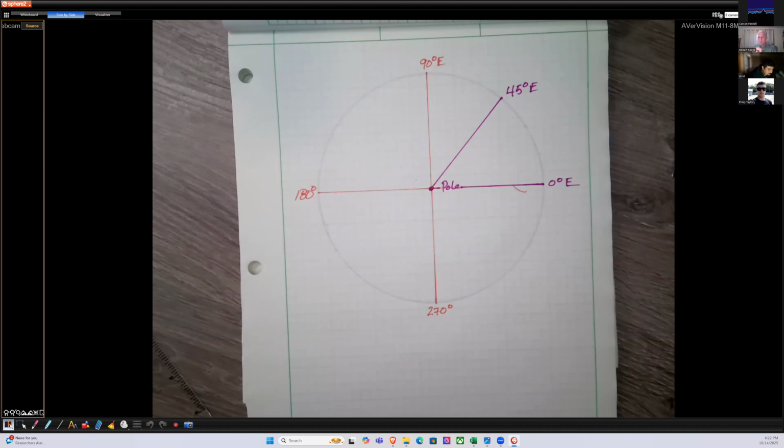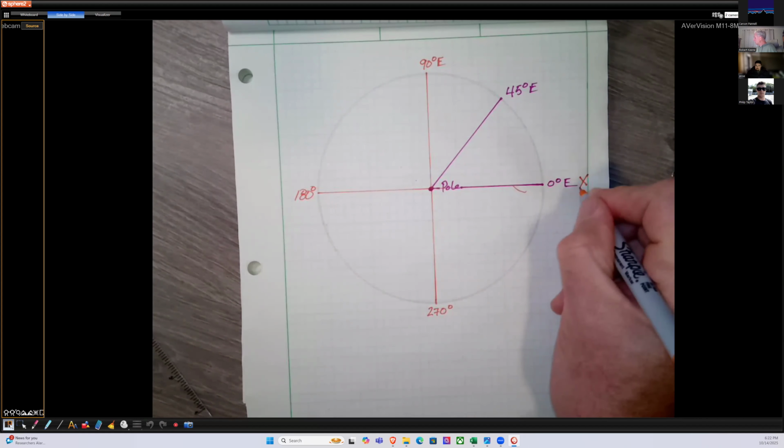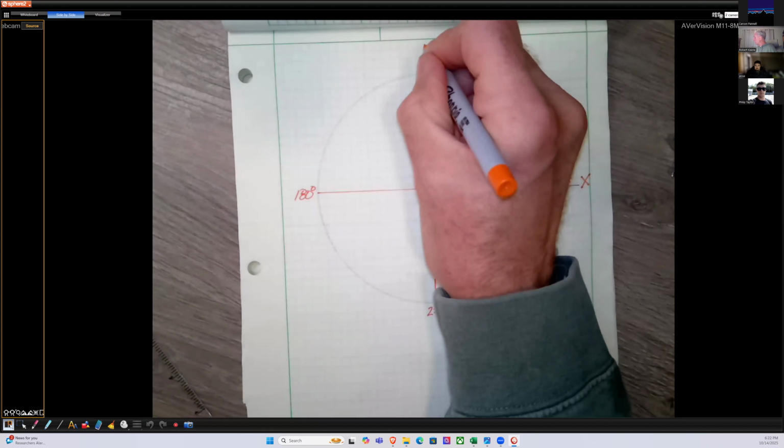So let's consider longitude. What is the formula that we learned for establishing the longitude from a set of XYZ coordinates? By the way, this is X. This coincides with the X axis. This coincides with the Y axis.